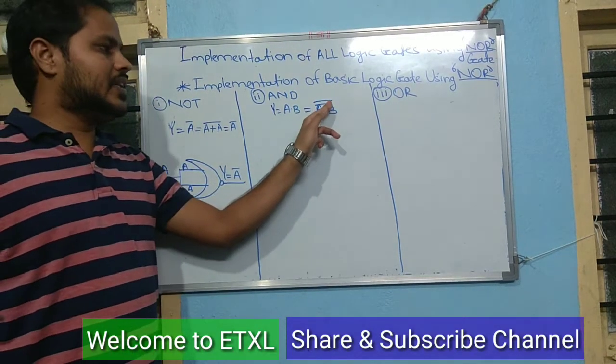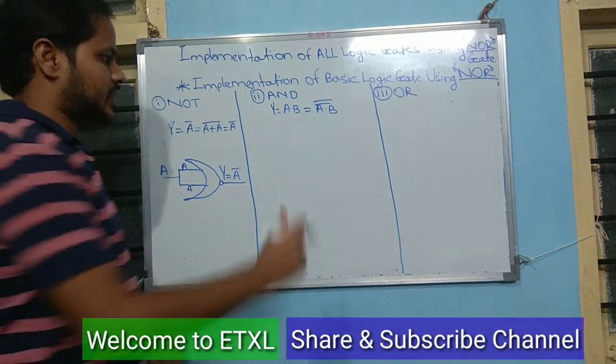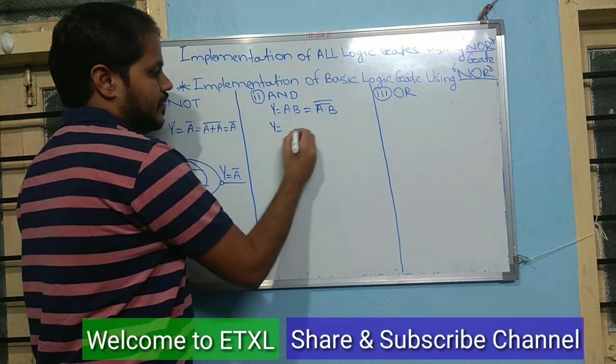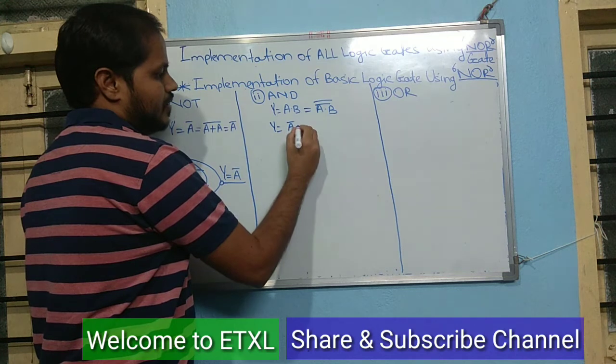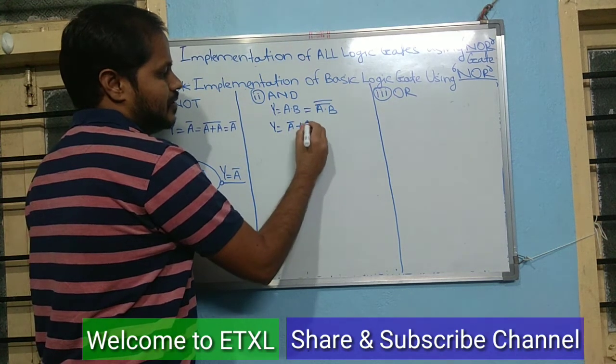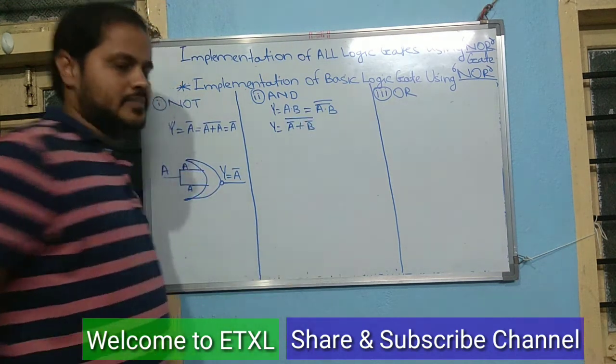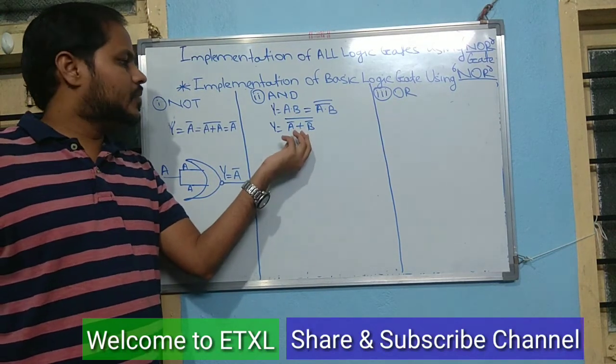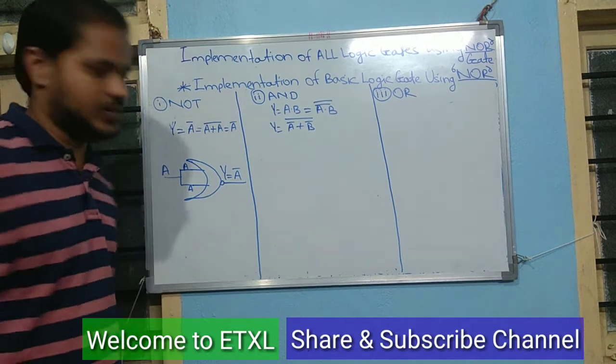Use the single bar inside this equation, then the equation becomes Y is equal to (A bar plus B bar) whole bar.